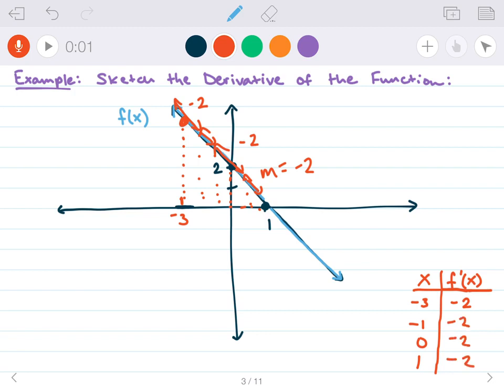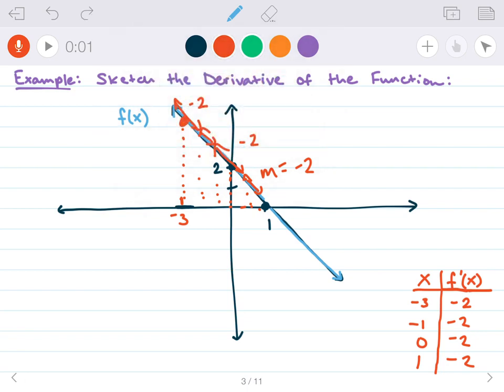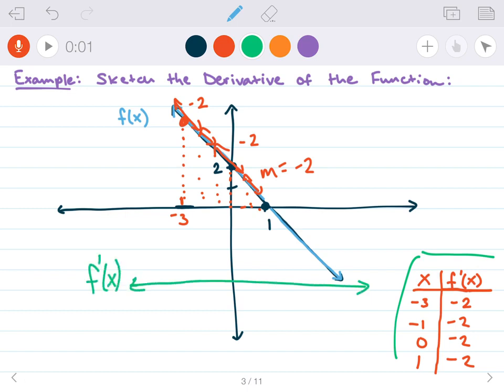So if I was to graph this derivative function, maybe I'll do it in green. If I were to graph this, it would just look like this. So f of x is my blue function, and f prime of x is just this horizontal line at -2.